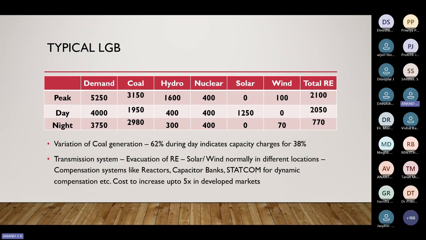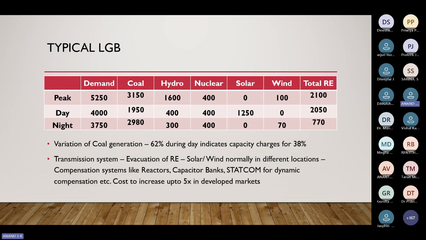Hydro also has another constraint, that the water content is also to be considered. In Kerala, we have about 19 million units per day on an average capability from all the hydro generators, and it can be varied for one day.